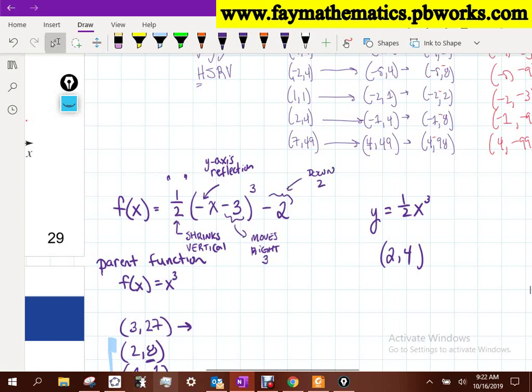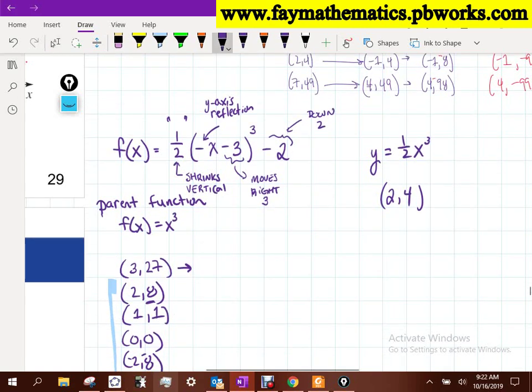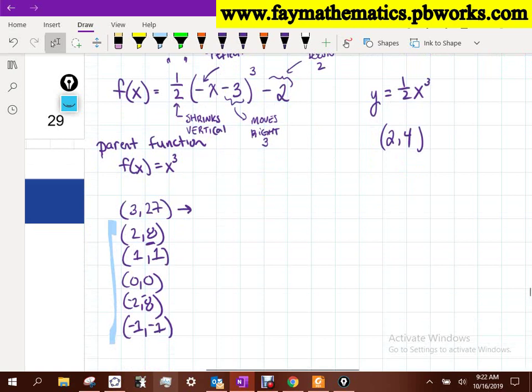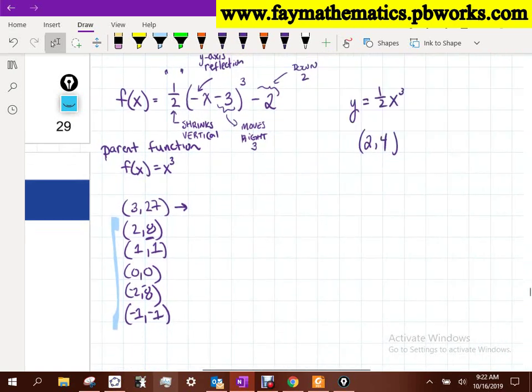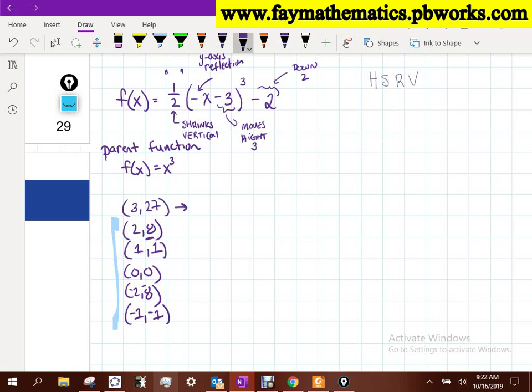Okay. So, we then need to take those behaviors and apply them to these points. My suggestion to you is to do them in this order: H, S, R, V. Do them in that order, and you're never going to be wrong.